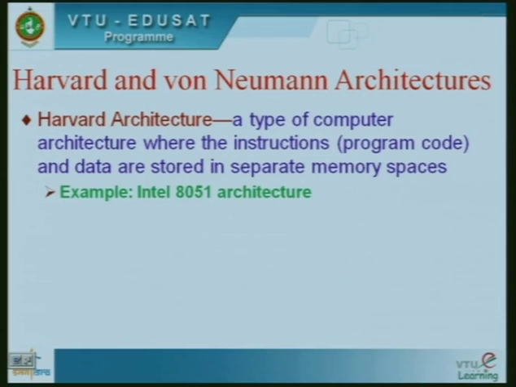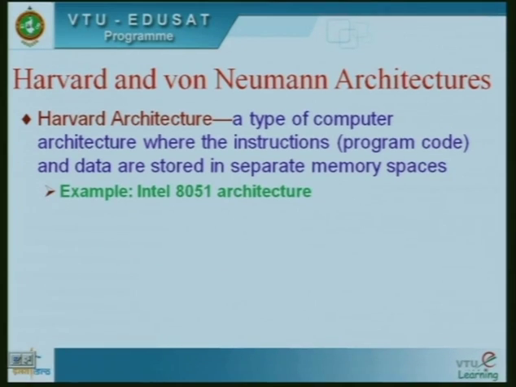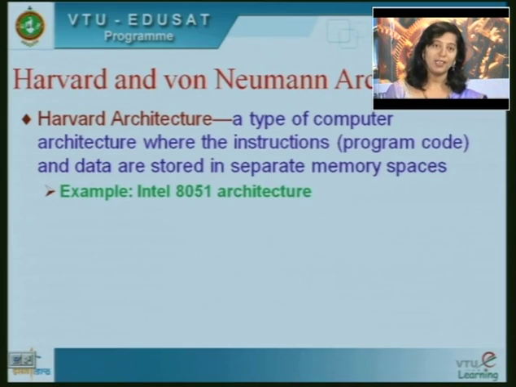It came from Harvard University, hence the name. It is a type of architecture where the instructions or program code and the data are stored in two different memory locations. So you have a separate instruction memory, a separate program memory, both are stored differently, and 8051 follows Harvard architecture.